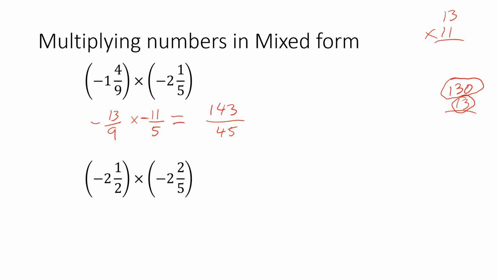Now, I can see right here that I should probably put it back into my mixed form. And so again, I think I've already covered this. Negative times negative, this is a positive number. So this is our final answer in improper form. I'm going to take some 45s out of there. So I can take out 1, 45, and 45. And then I can take out another one, so that makes it 90.